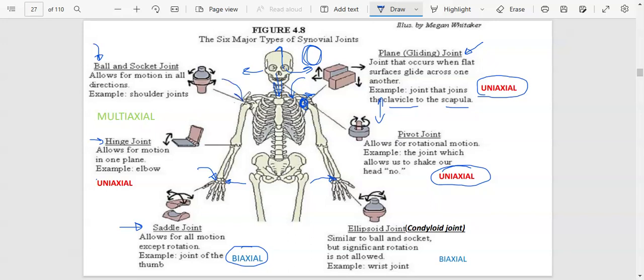You can move your hand up, down like that. Even here, you can do a bit of rotation, but the rotation is limited. So it is also biaxial because you can move almost in all directions, except rotation is going to be limited. So the only synovial type of joint that allows rotation in any direction, or multi-axial, is the ball and socket.